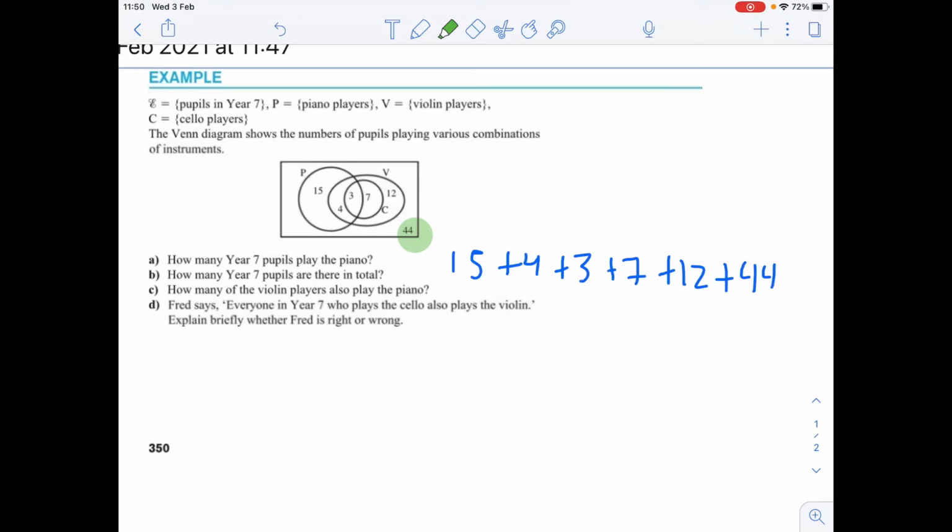Easy. Next question is, how many of the violin players also play the piano? So we're looking for, in set notation, V intersection P. So the ones that play the violin and the piano.